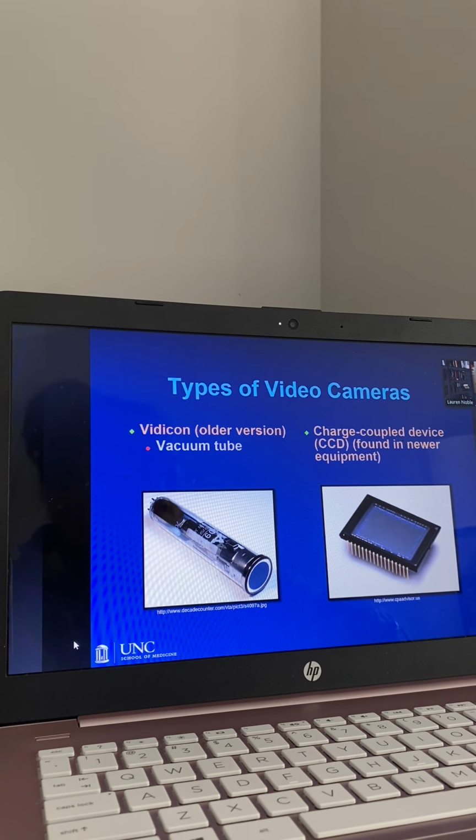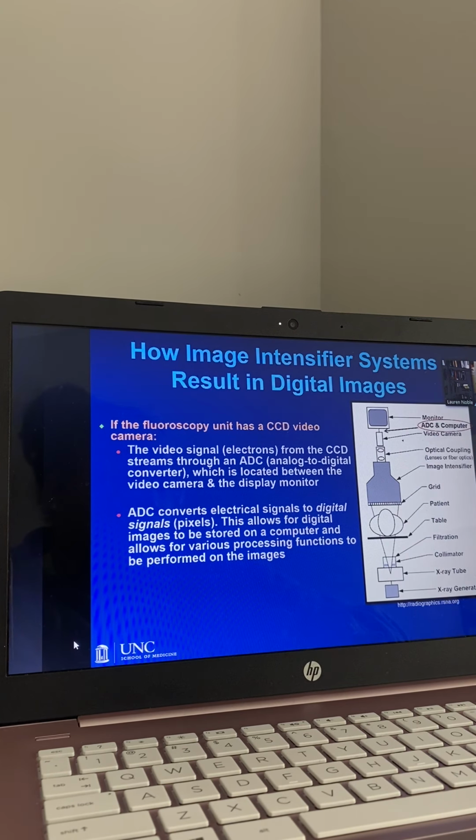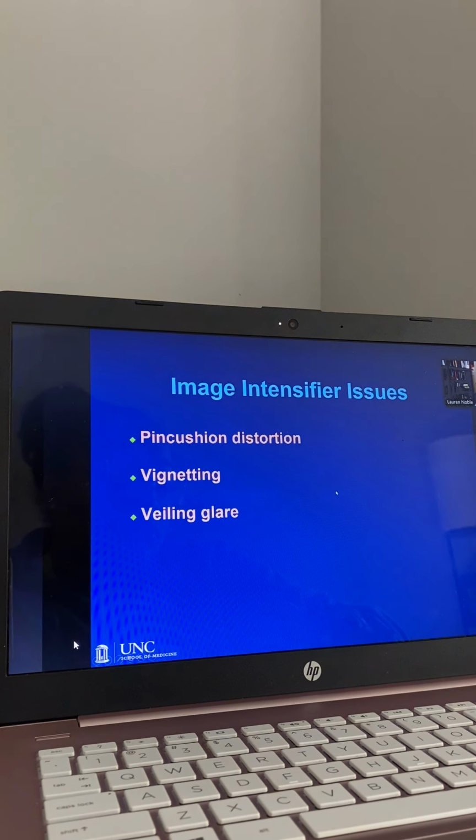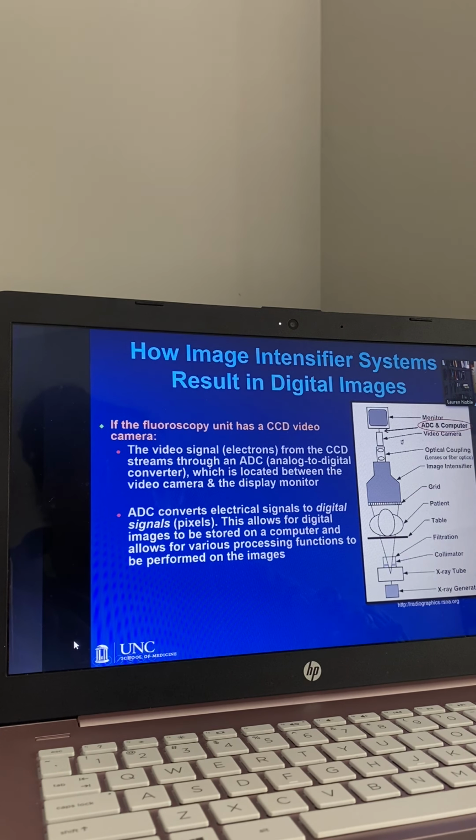All right. So how do we end up with these images?